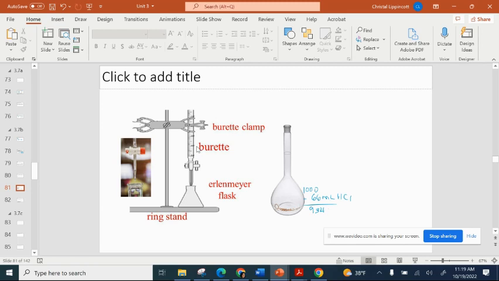I need to add 934 milliliters of water. So they take the 1,000 here and subtract the 66, and they'll go, oh, the remaining is the water. Don't do that.